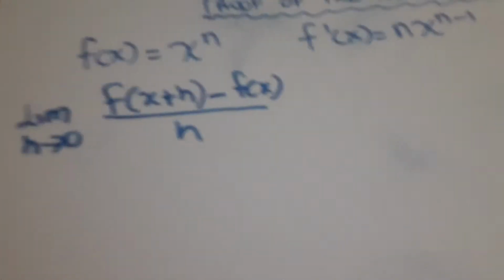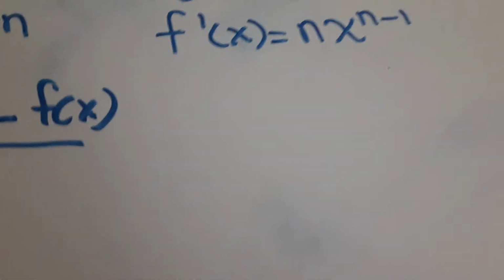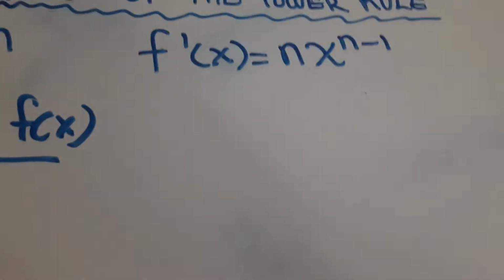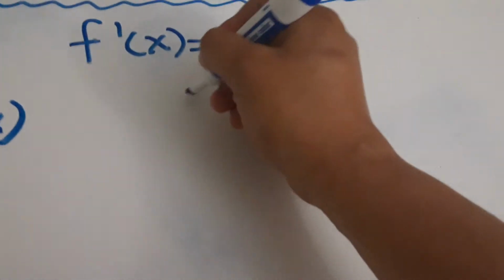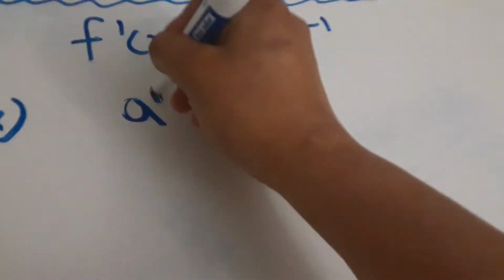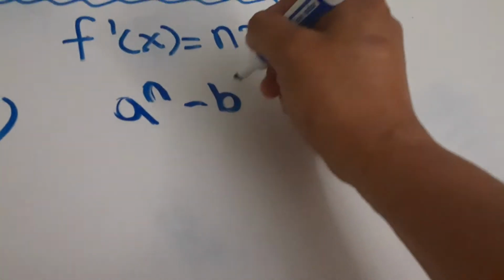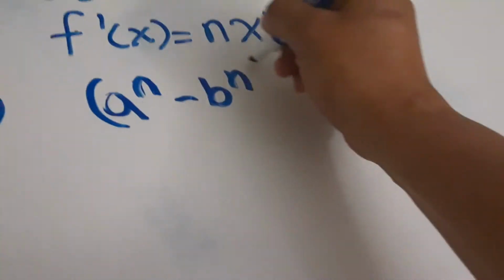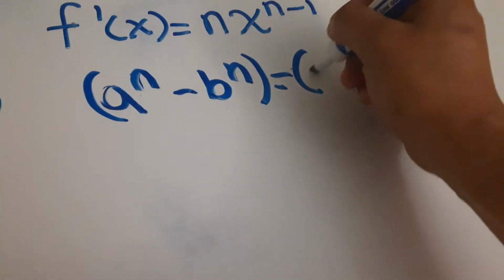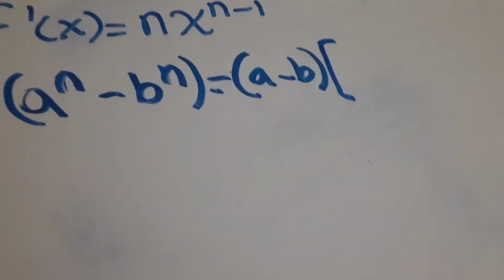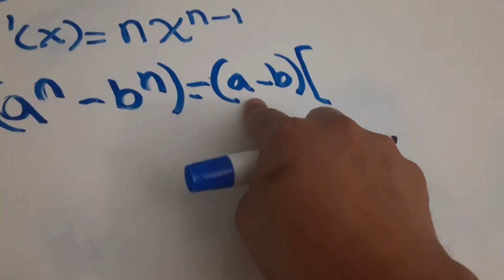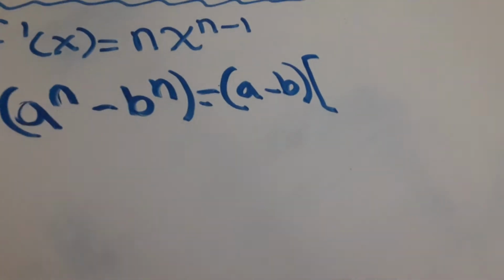All right. So to prove that, we're going to use an identity that we learn in college algebra, mathematics 1, 2, that says that a to the n minus b to the n power is going to be equal to a minus b times, and pay attention to this, the a is going to be decreasing the exponent.